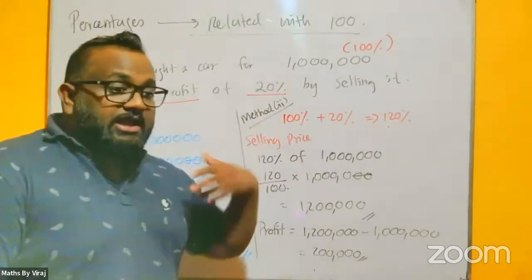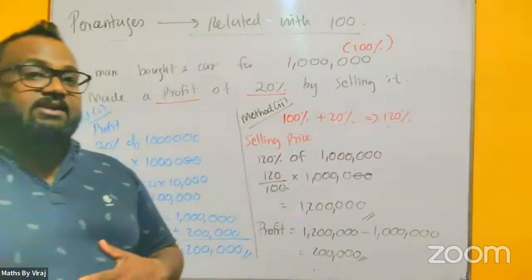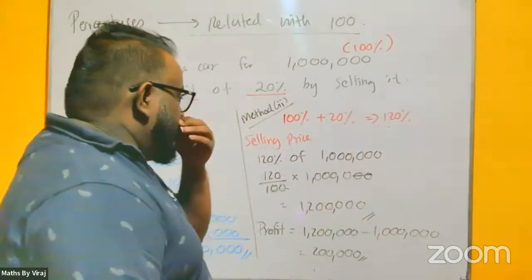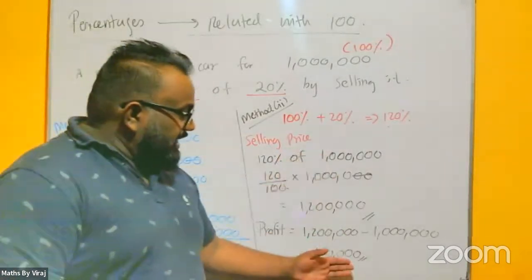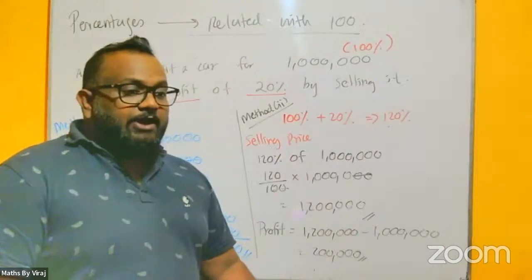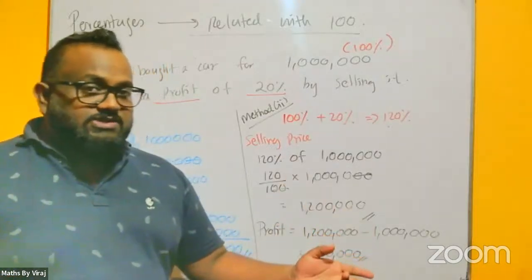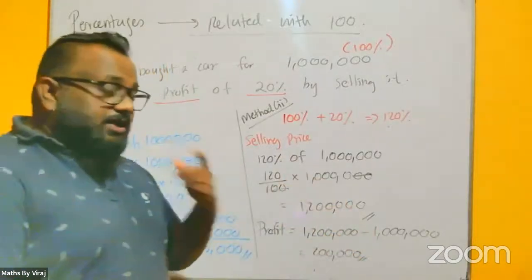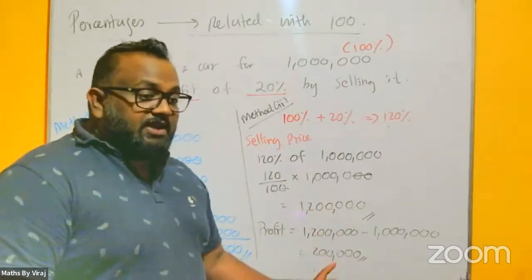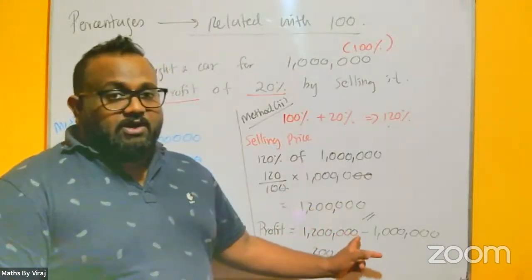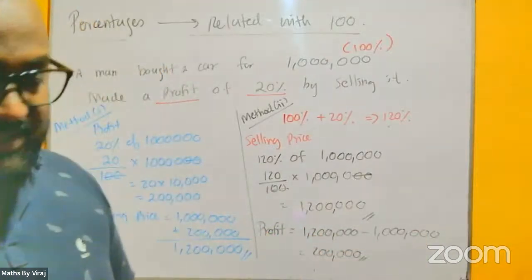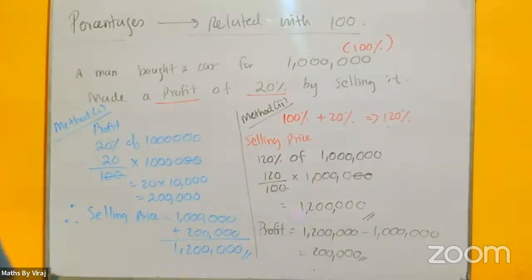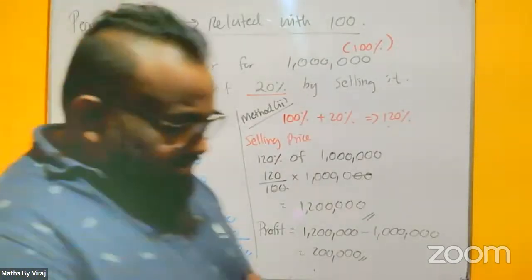Method number 2, I can at once find the selling price, which would be 120% of 1 million. And the calculation I get is 1.2 million, 1 million and 200,000. So what is my profit then? From 1 million 200,000, I subtract 1 million and I get 200,000. So that is what it is. Take this down, children. Fast.